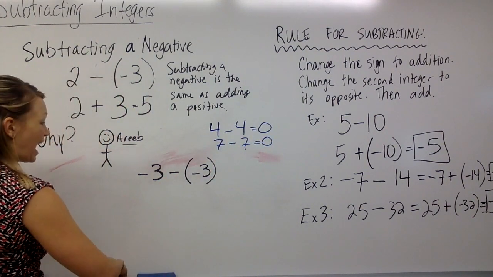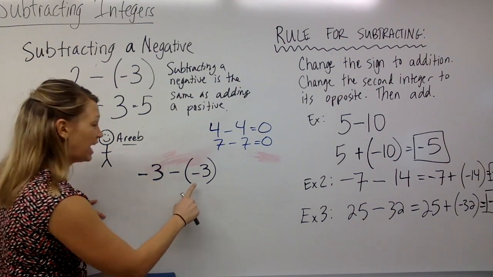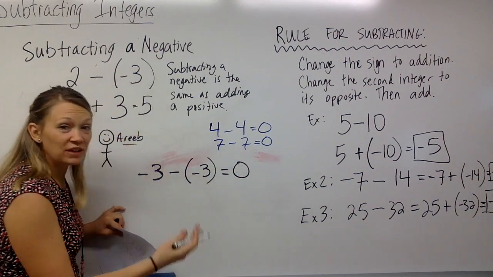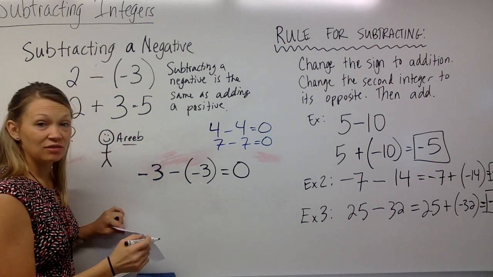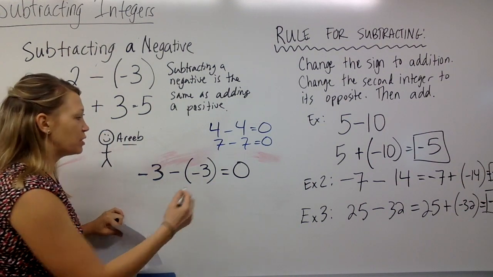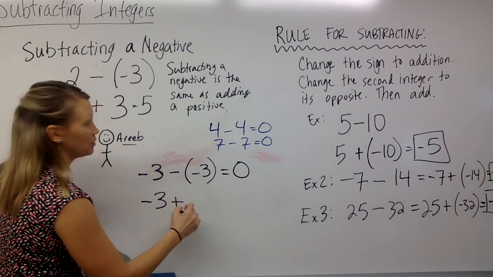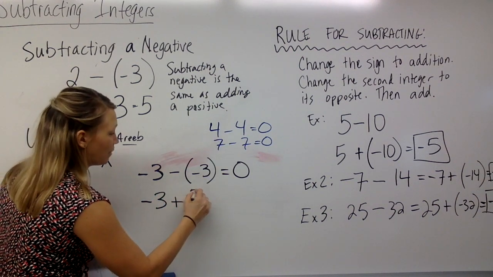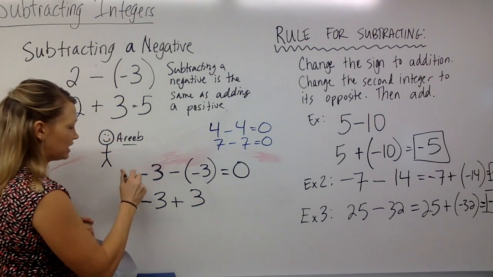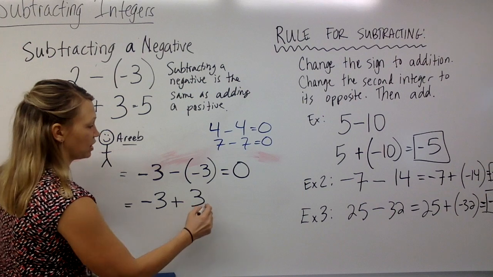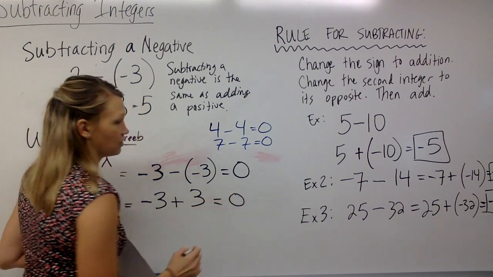So if you had a debt of -3 and you take away that -3 debt, I hope intuitively you understand why that answer is 0, right? Okay, but knowing what we know with our rules, we also know that -3 could be changed to addition by taking the opposite of -3, right? So these are the same equations written a different way. So -3 plus 3 is also 0, okay?